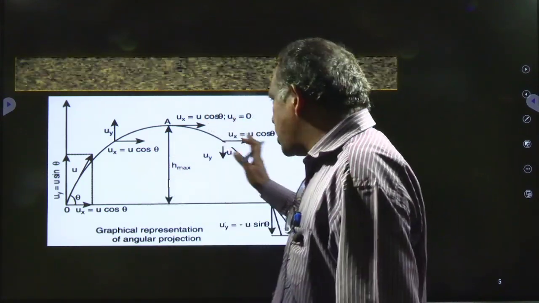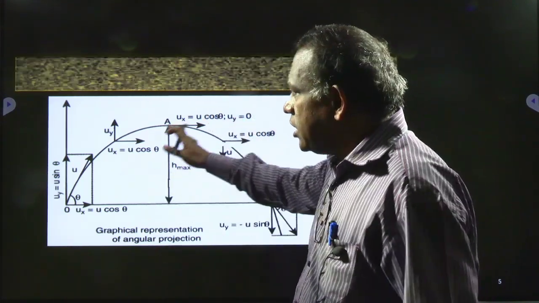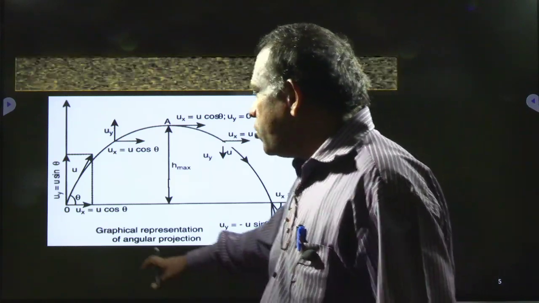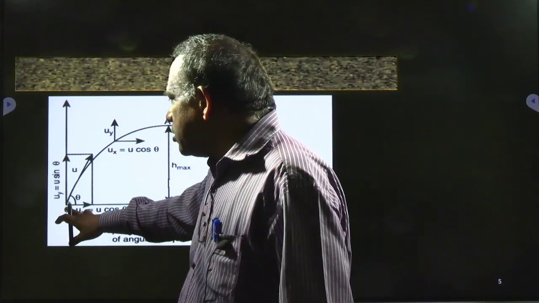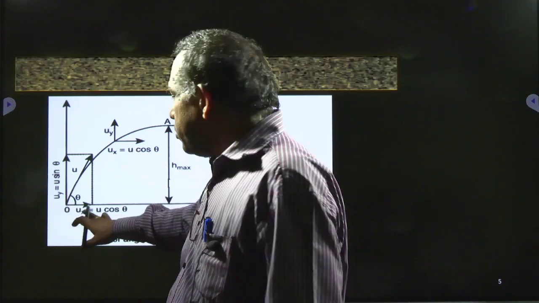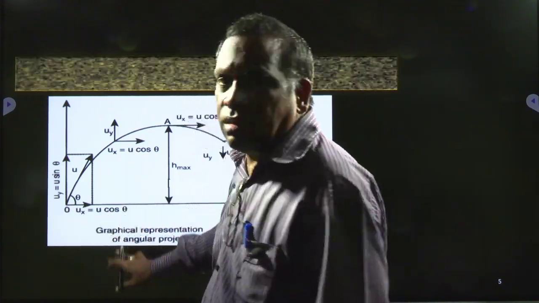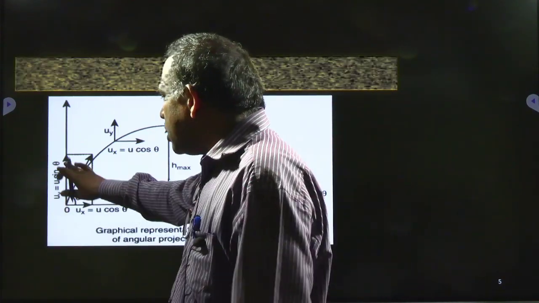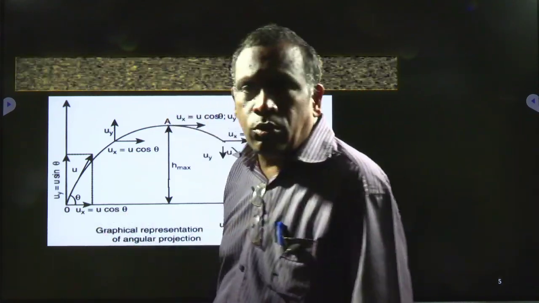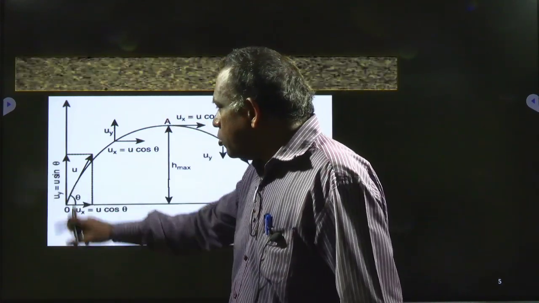The trajectory is a parabola. If you observe carefully, the body is projected with initial velocity u. ux is the horizontal component and uy is the vertical component. ux is equal to u cos theta, uy is equal to u sin theta.